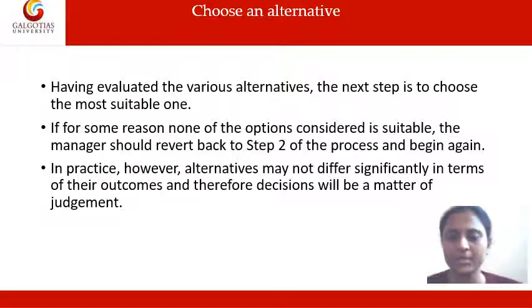Although in practice, all these alternatives may not differ very significantly in terms of their outcomes. So therefore, decision making is a matter of judgment many times. And in coming to a decision, the manager is confronted by many conflicting requirements that will have to be taken into account.